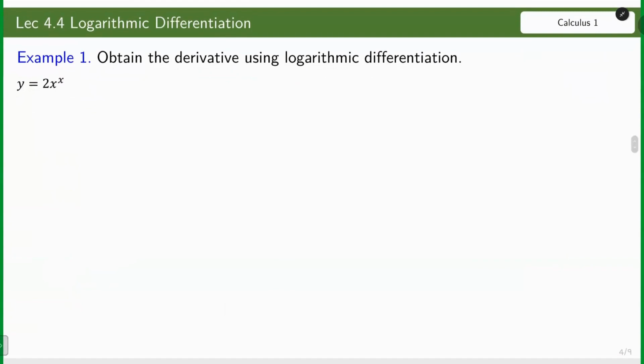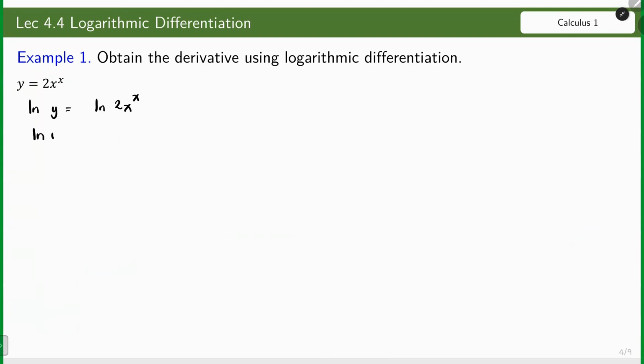Example 1, we have here y is equal to 2x raised to x. Taking the logarithm of both sides of the equation, we take the natural logarithm: ln y is equal to ln of 2x raised to x.